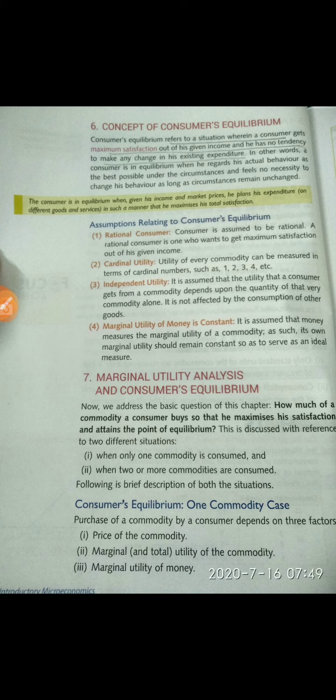So the satisfaction which we are able to get should be from the constant money only; it should not be changing. A part of the income should be used, not that we are increasing the money and getting the satisfaction out of it. It shouldn't be like that. Clear?